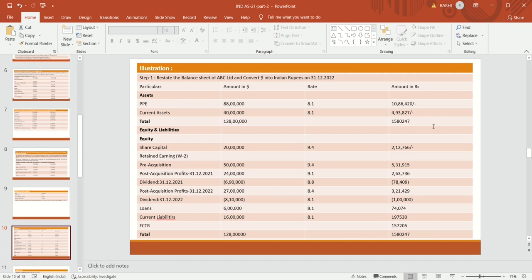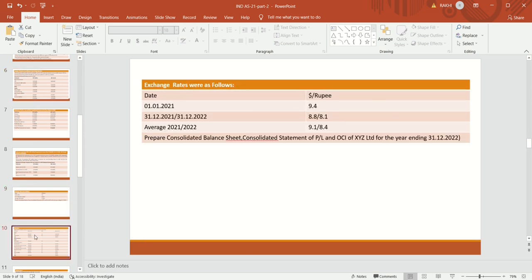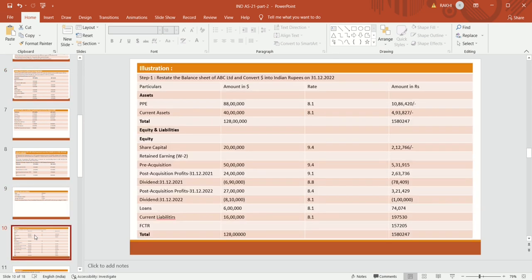Then we will convert the share capital, retained earning, loans and current liabilities. Share capital is 20 lakhs. Share capital we will convert not at the closing rate, but on the date of acquisition.